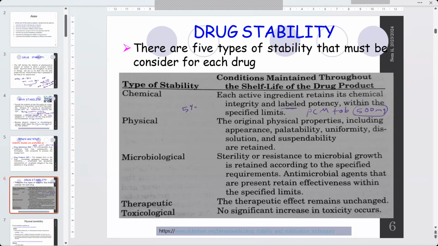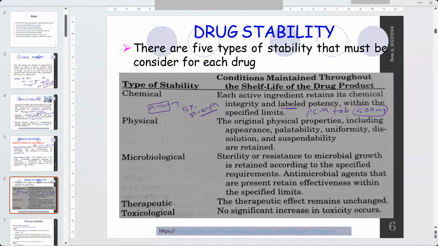Labeled potency is the one on the label. You have the package of the product, and it is written, for example, paracetamol 500 mg. This is the labeled potency, or in other words, the strength of the dosage form.